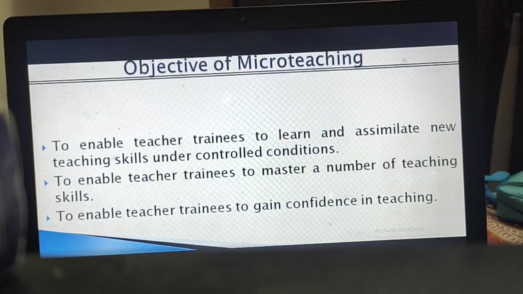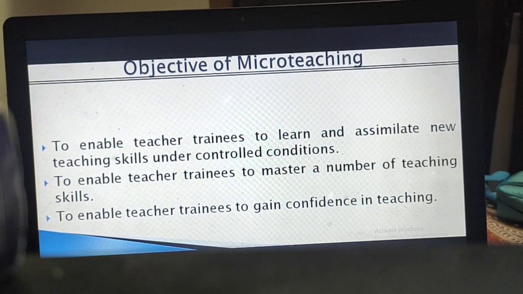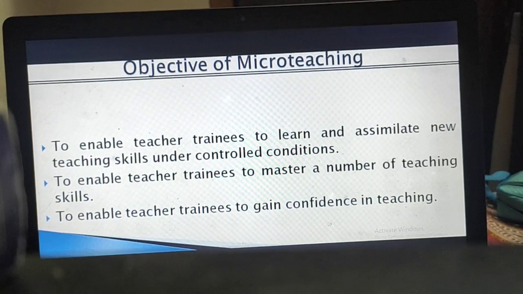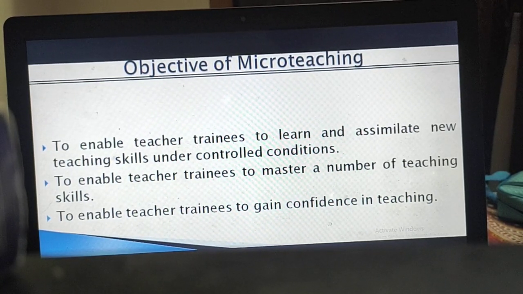Next, what is the objective of micro teaching? There are several objectives for micro teaching. First, to enable the teacher trainee to learn and assimilate new teaching skills under controlled conditions.